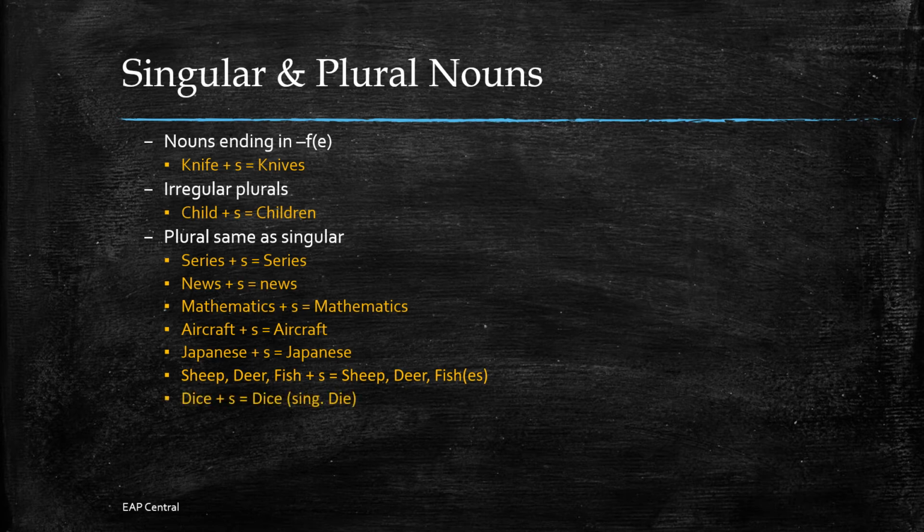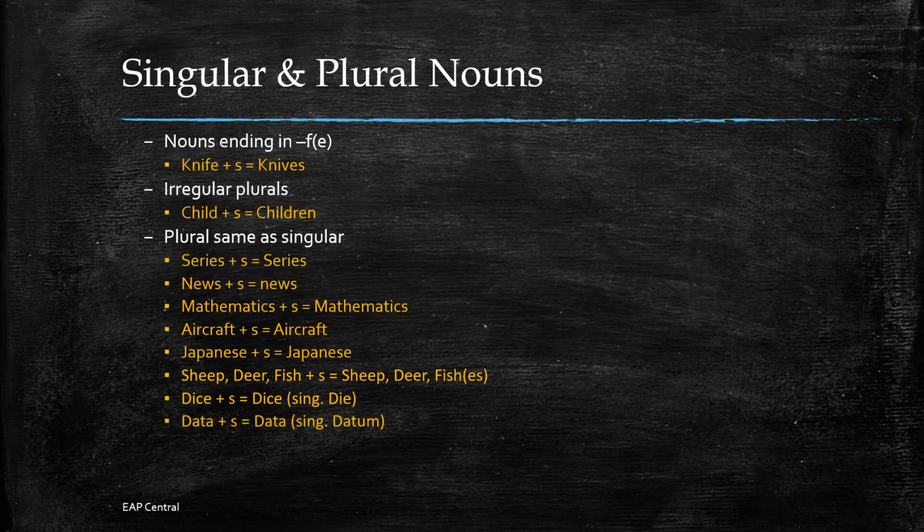The word dice, which is used in board games, is originally the plural of die. It means the singular form is die, which is now rare in this sense. In modern English, dice is generally used as both singular and plural.